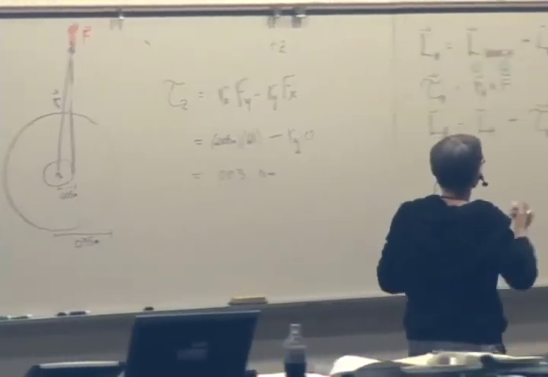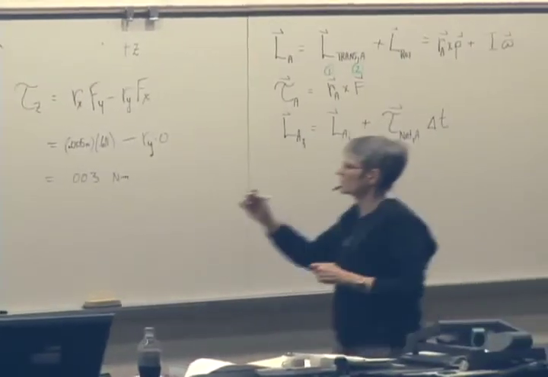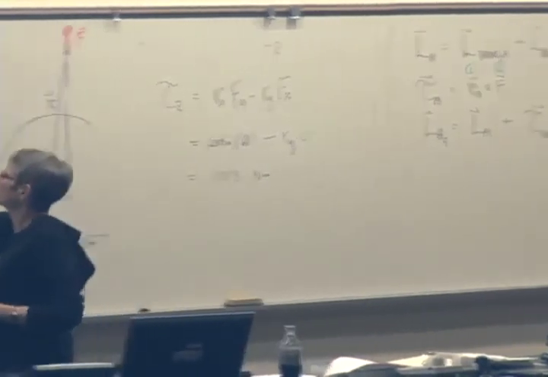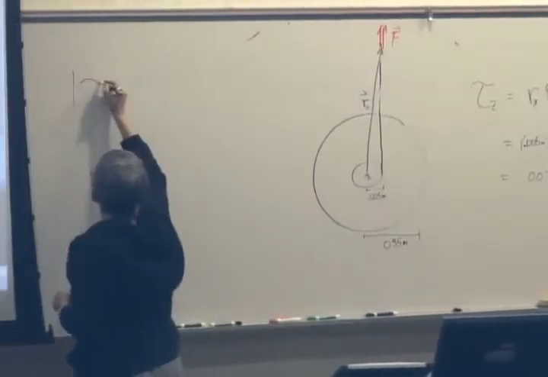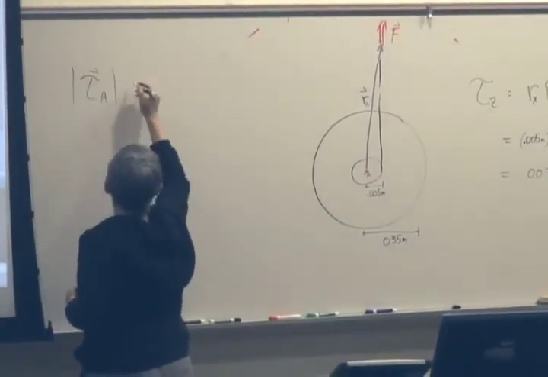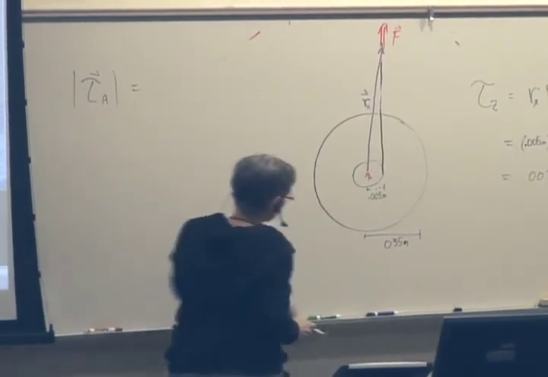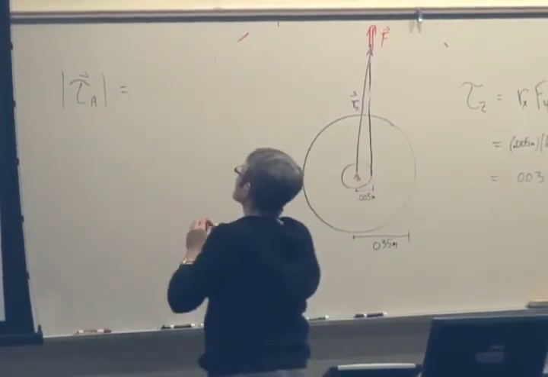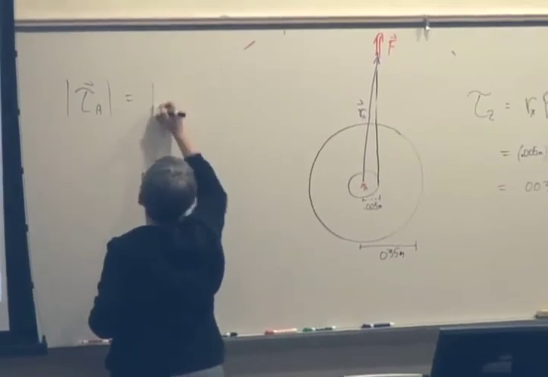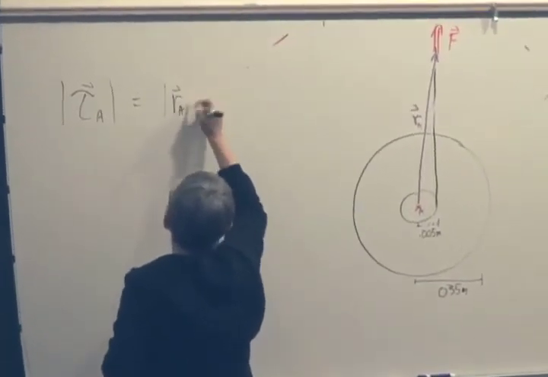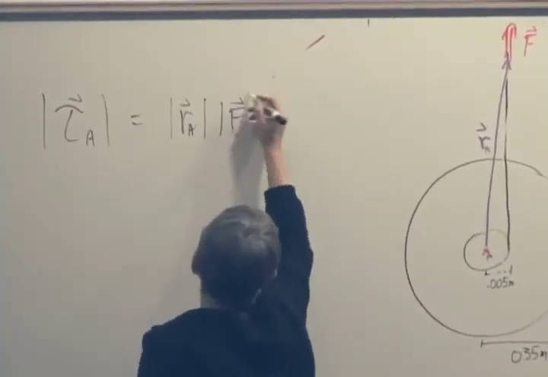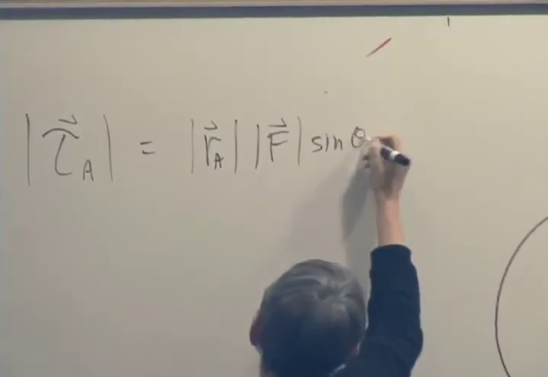So we can actually write it this way. We can write the magnitude of the torque around location A is, we know that's the magnitude of r times the magnitude of F times the sine of the angle.